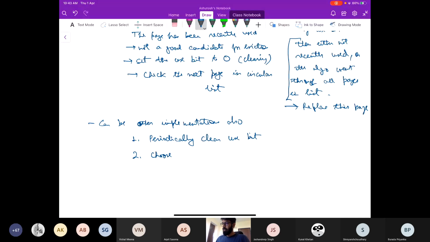You choose between 0 and 1 to decide which one to evict.